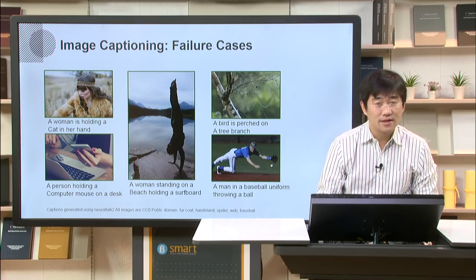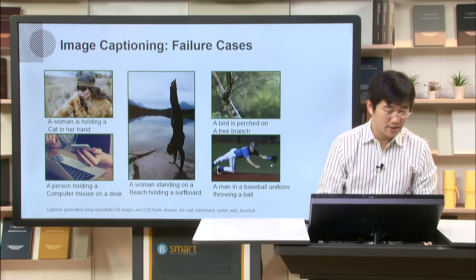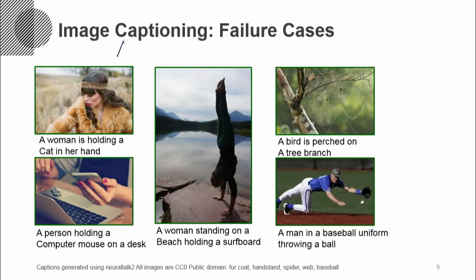But sometimes our image captioning model didn't generate the correct captions. For example, in this case, it generated the caption of a woman is holding a cat in her hand, and probably our model was confused due to the hairy material found in our image, and that's why it was confused.